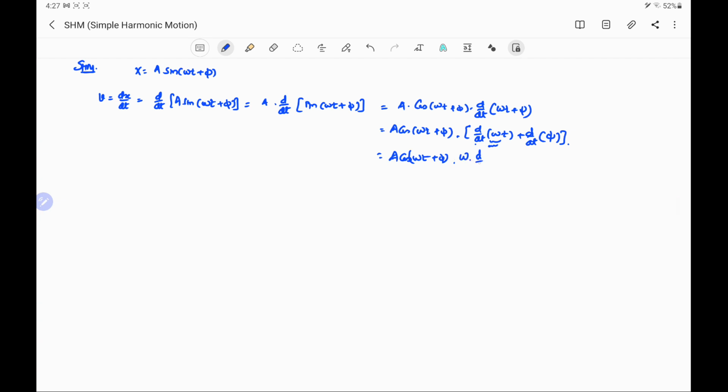The remaining is differential of t with respect to time, plus 0, because phi, the initial phase, remains constant, and this dt by dt is 1. So we can write it as a omega cos omega t plus phi. This is the value of velocity.